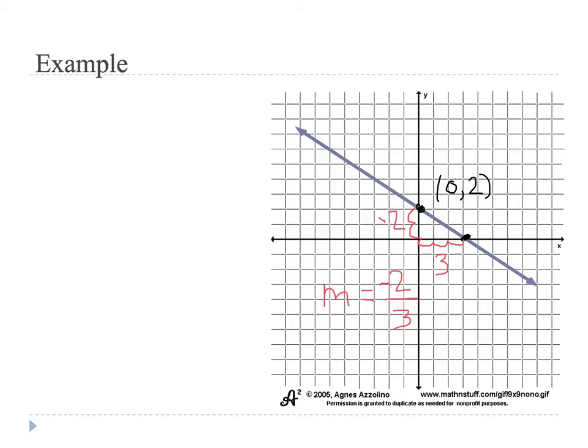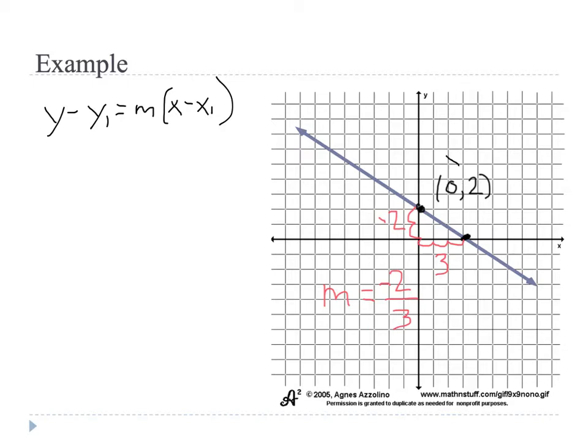So now we have a point, which we have here, and we have our slope. We're ready to put it into point slope form. So a little refresher on point slope form. Point slope form is y minus y1 is equal to m times x minus x1. When we have the equation, we have our point and the slope, all we need to do is plug it in.